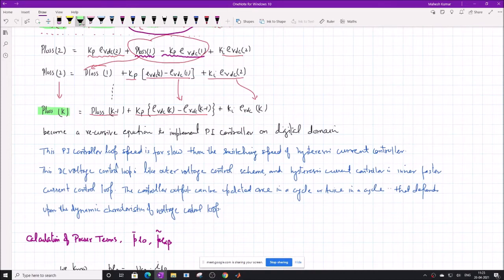So the switching control scheme is the inner control scheme, and the outer control scheme is the voltage control scheme, which regulates the DC link voltage based on the losses taken from the source. So obviously this loop has to be slow. The voltage control loop has to be far slower than the switching control scheme of the hysteresis current controller.